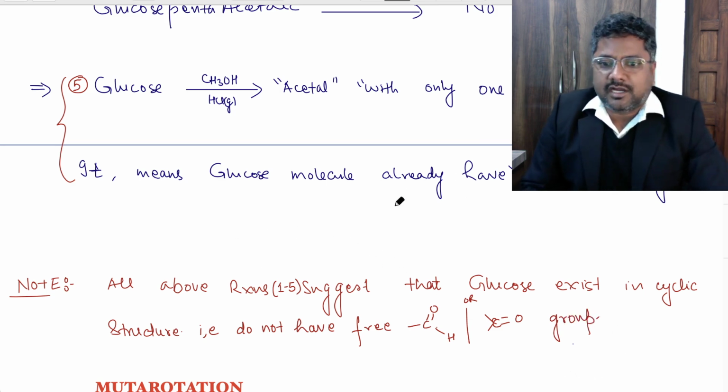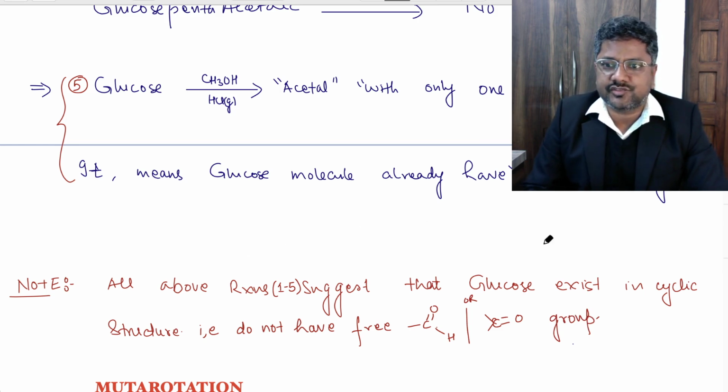So all these observations suggest that glucose exists in a cyclic structure and does not have a free, and this is very important, free CHO or CO group.